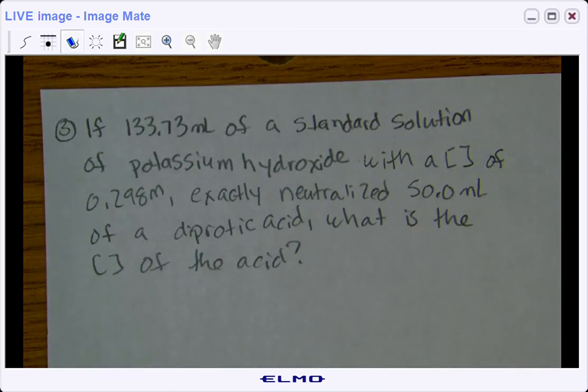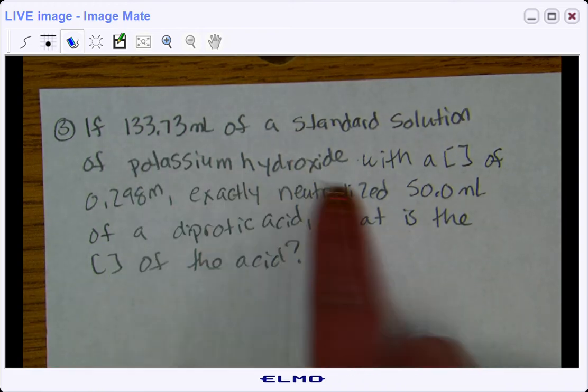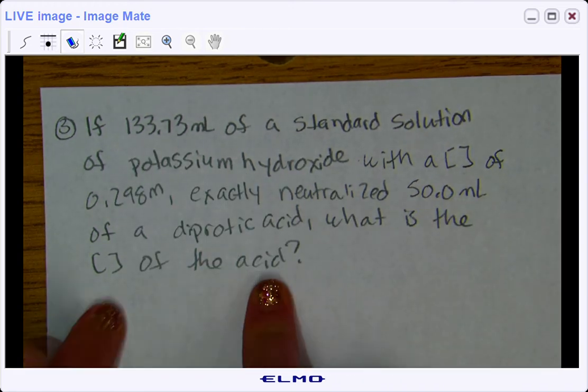So we have to do our MAVA equals MBVB formula. So that's going to be my concentration is what I'm looking for.